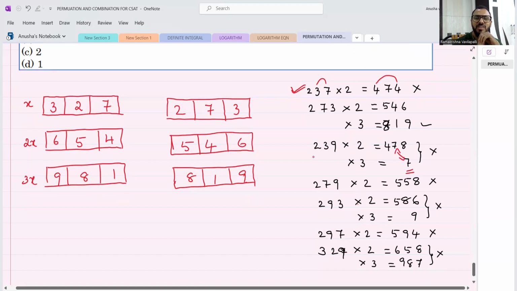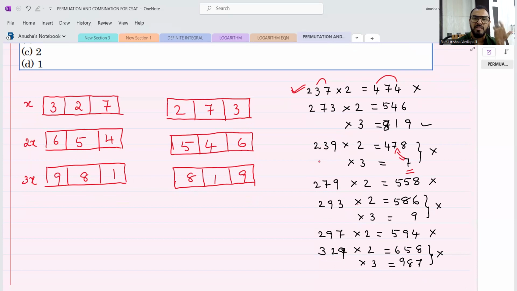Next case. Now remove 3. Now write the numbers with 279. 279 into 2, you will get 558. Here 5 and 5 are repeated. Therefore, this case is eliminated. If you interchange 3 and 9, you will get 293 into 2 is 586, and into 3, you will get unit place 9.